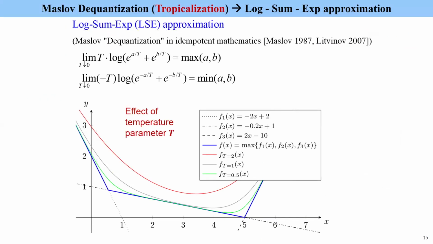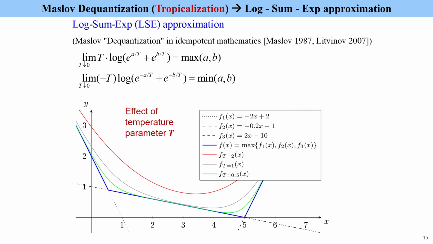Let us now see this concept of dequantization developed by Maslov and his collaborators in the field called idempotent mathematics. For us, it's something known in convex analysis called log-sum-exponentiation. It's an approximation to obtain the max or the min of two numbers using smooth functions, and therefore differentiable later on if one needs differentiation.